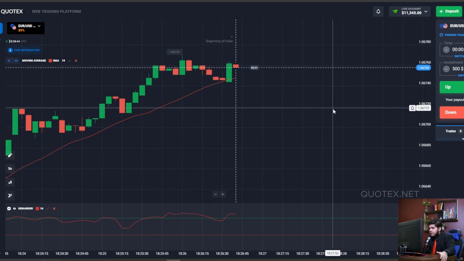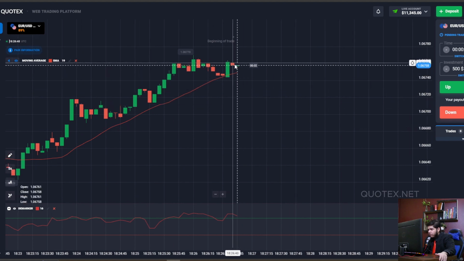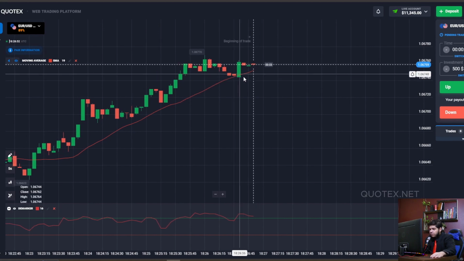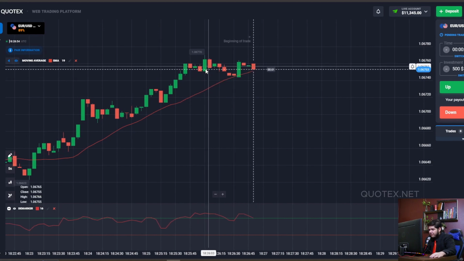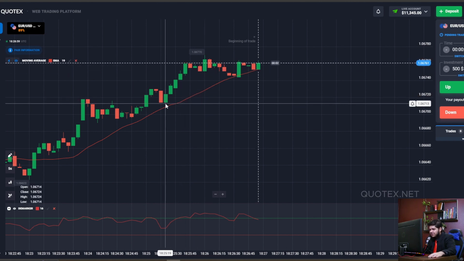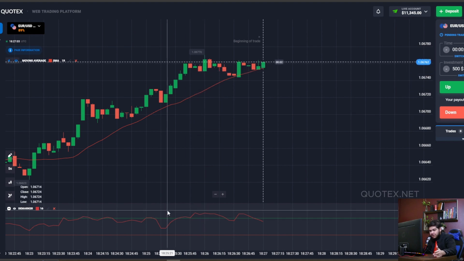All right, so here you can see that the price was above this line, as I stated to you guys earlier, moving towards the upside very fast, and the DeMarker you saw right here was also rising towards the upside.